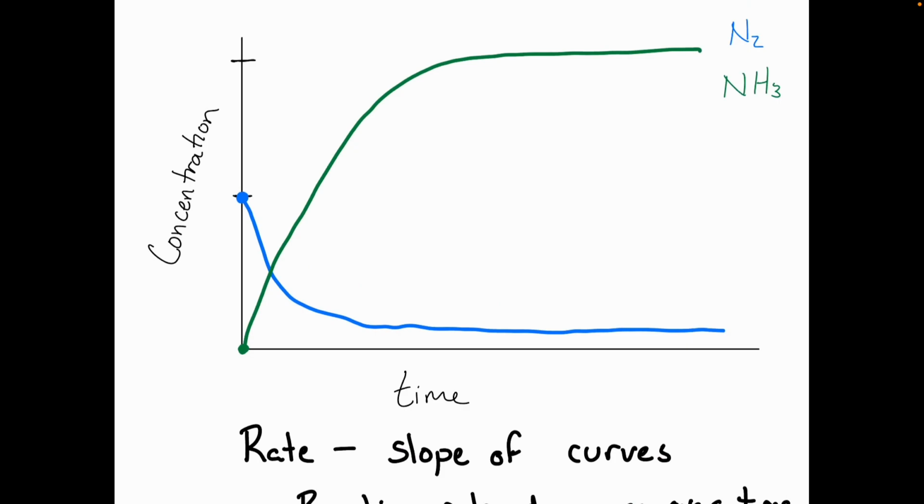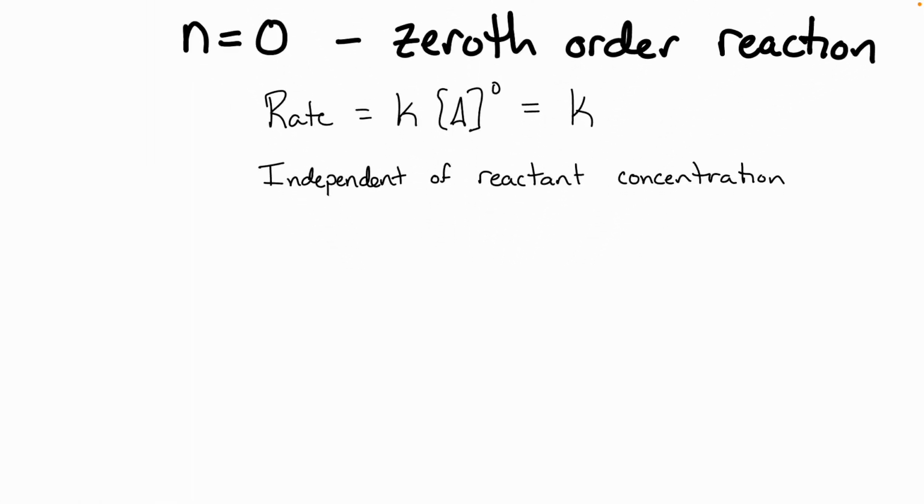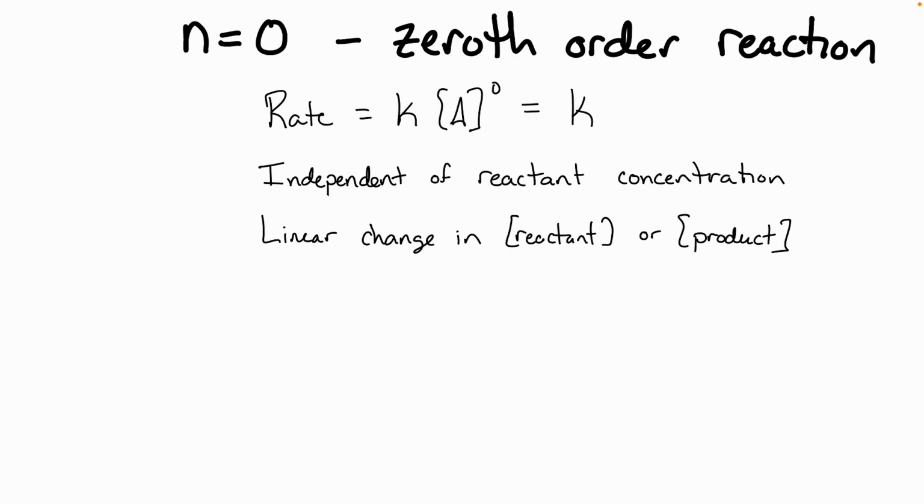So a 0th order reaction would have these linear lines, constant slopes associated with them, so a linear change in concentration of reactant or concentration of product. They certainly do exist, linear zeroth order reactions. They typically involve things like solids, something that doesn't have a variable concentration associated with it.